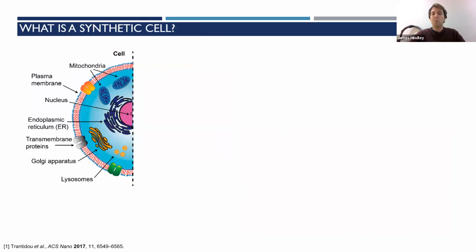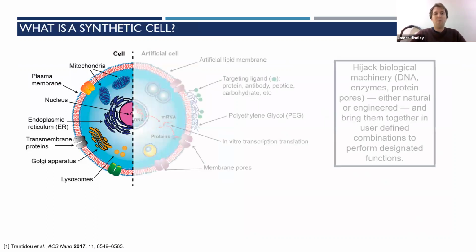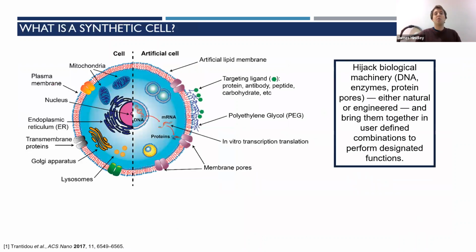I won't spend too long on this, as I think a lot of people on the call are aware of it. Our approach to what a synthetic cell is, is really how we can take artificial components and replace all of the components that we find in a living cell.